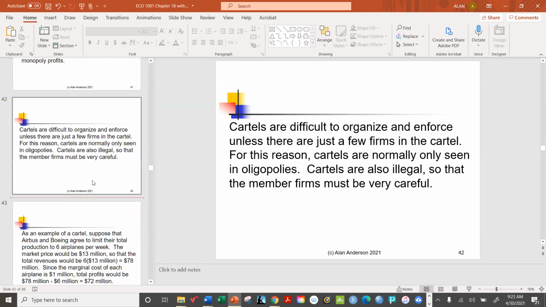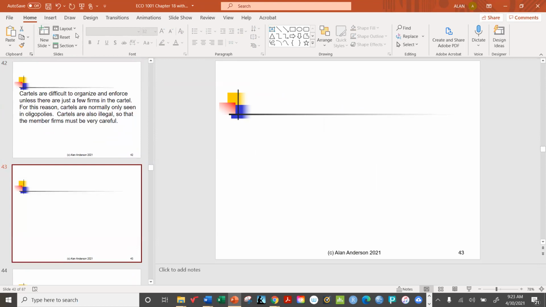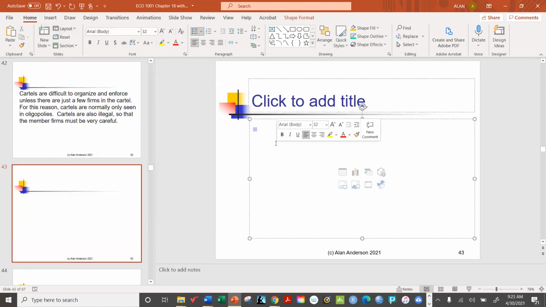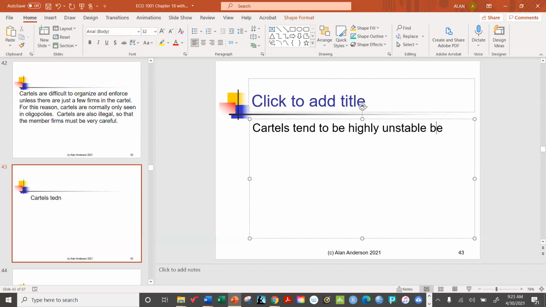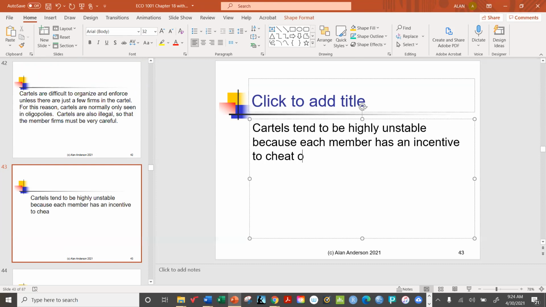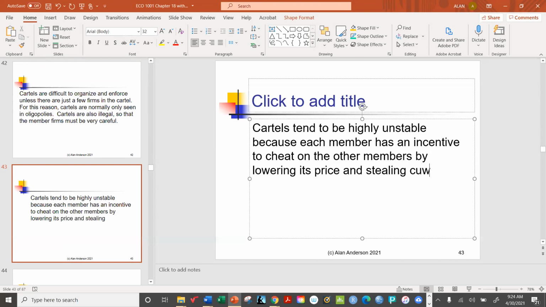And then, unfortunately, cartels tend to be highly unstable, because each member has an incentive to cheat on the other members by lowering its price and stealing customers from the other members.